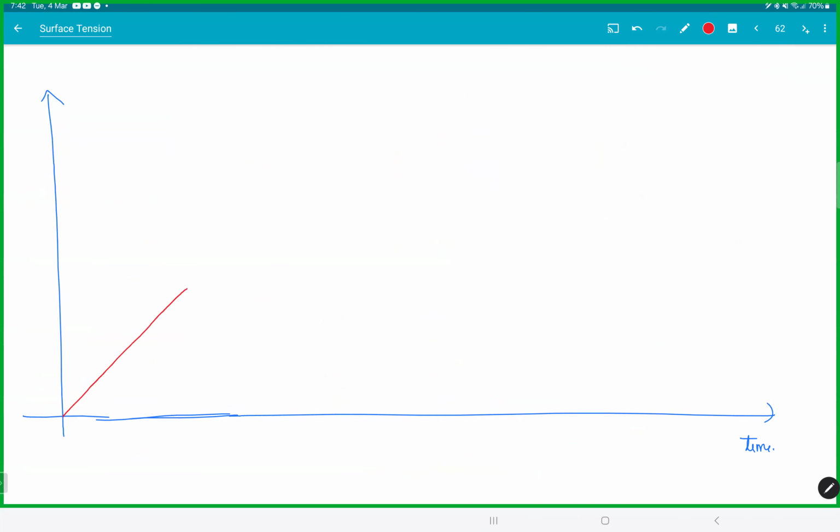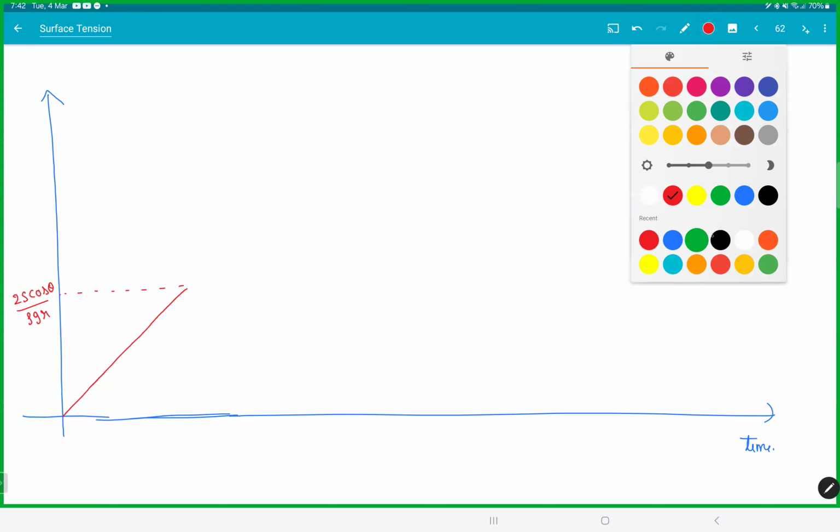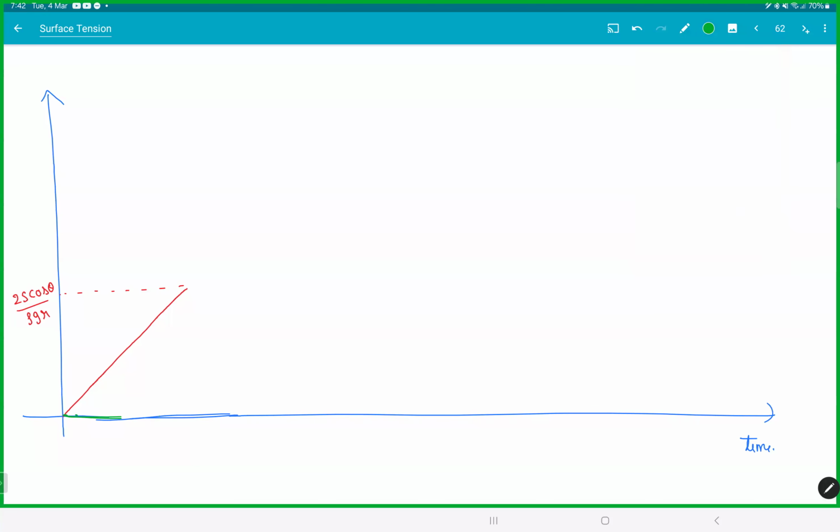This is H1, the red line, right? This is 2S cos theta by rho g r. Till this point, what is this liquid doing? This is 0. So till here, all the liquid goes into the capillary. Till then, H2 will be 0.